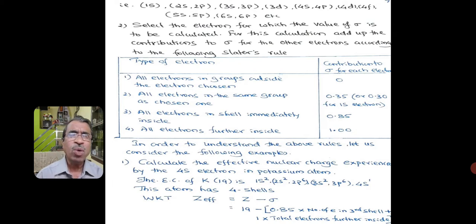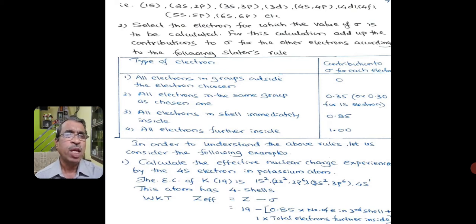If I want to calculate the effective nuclear charge of the 4s electron, atomic number of potassium is 19 minus, now before the 4s will be 3s2, 3p6. So there are 8 electrons in the third shell, and these 8 electrons should be multiplied by a constant 0.85.